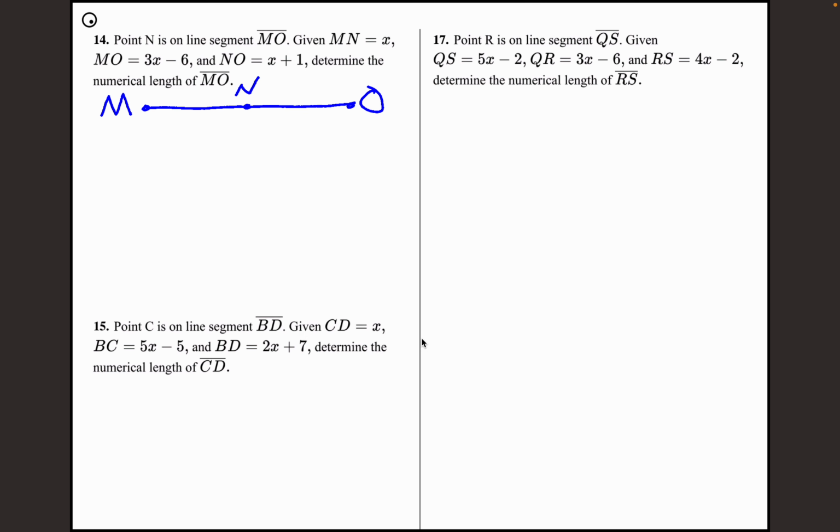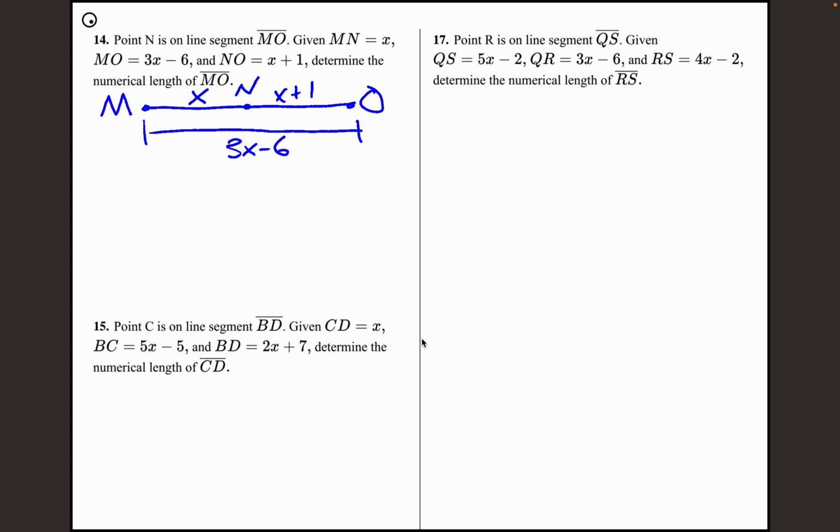Now I can put my values. MN is x. MO is 3x minus 6, so MO is our whole value. And NO is x plus 1. I'm going to write that down as well.